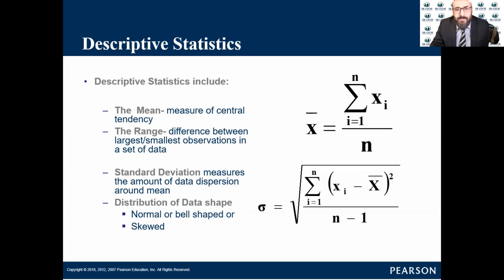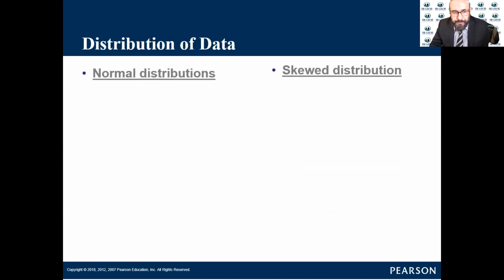Standard deviation measures the amount of data dispersion around the mean, how far away from the mean, how clustered the data is around the mean. And the data shape, such as normal or bell curve or skewed. That's another important thing that we will be using in the control charts.